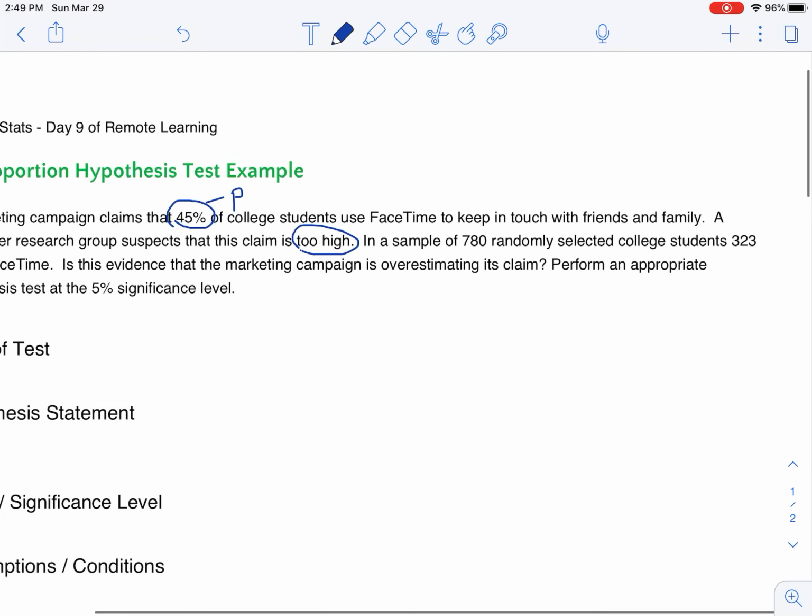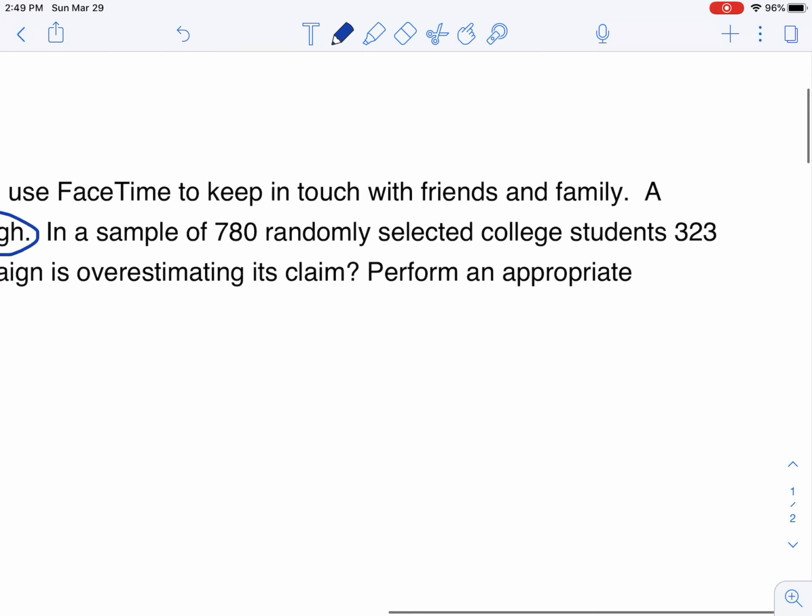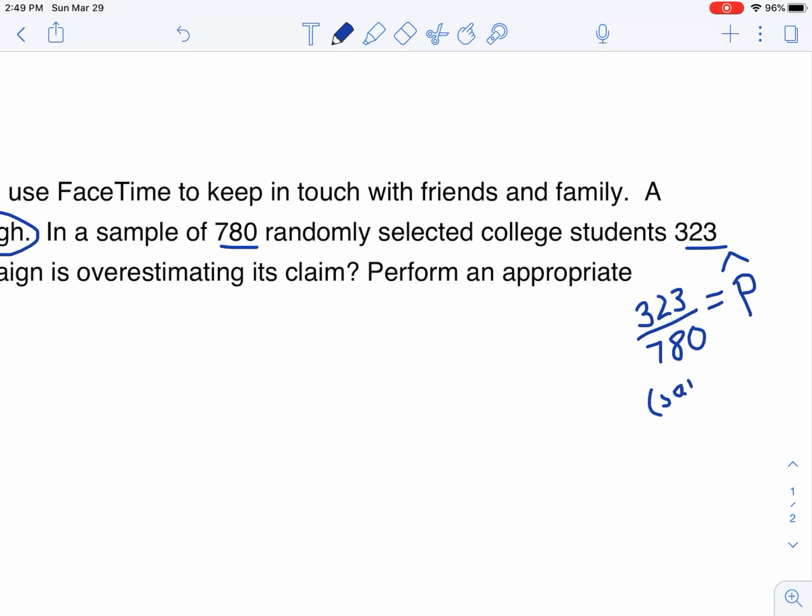Then when they went out and took the sample, the 780, the 323 out of it, so the 323 out of the 780, that is the sample proportion. So that's a proportion with a hat over it so that you know it's the sample proportion.